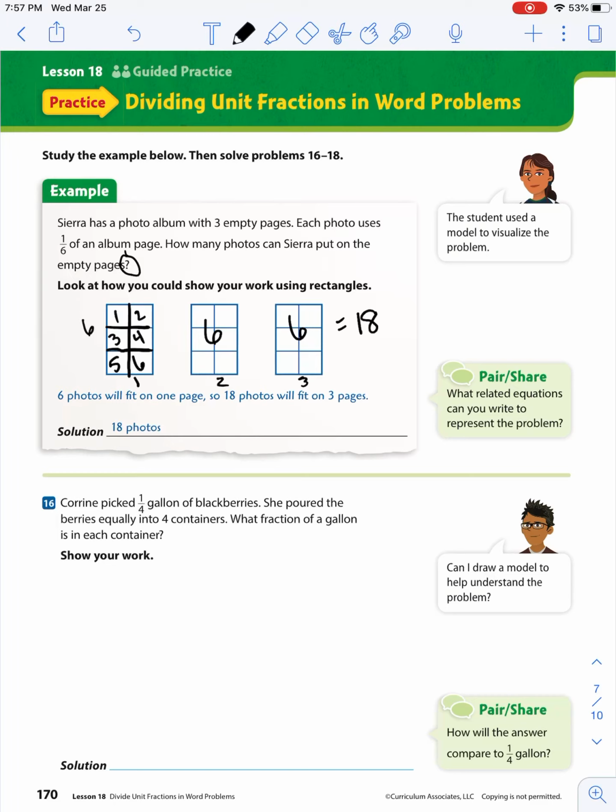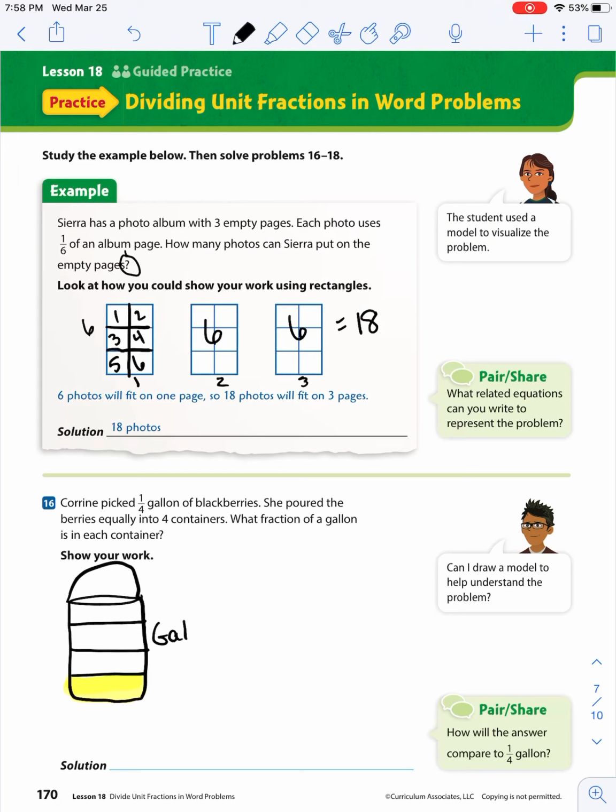Okay, let's see how you did. Corinne picked 1/4 gallon of blackberries. So let's just picture a gallon bucket, and we'll even put the handle on the bucket. Corinne picked 1/4 of a gallon. If this entire thing is a gallon and you envision that it is divided up into fourths, Corinne picked 1/4 of a gallon.